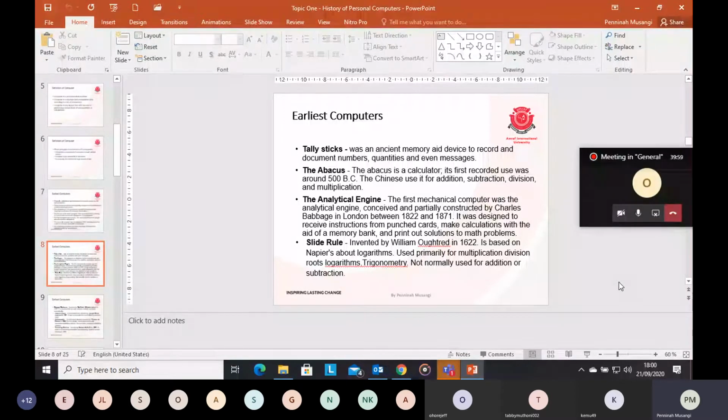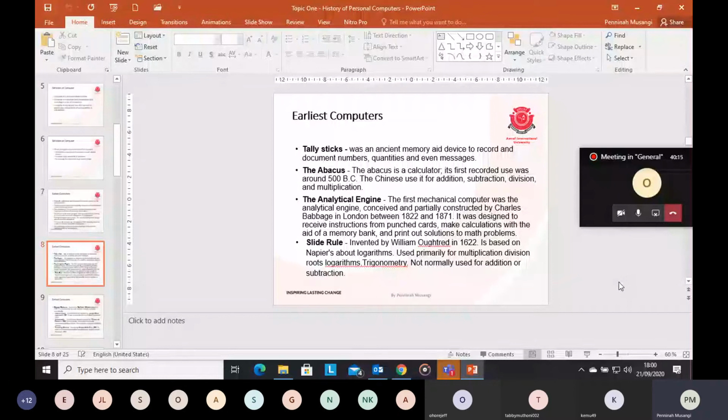So because it aided in calculations and in documenting numbers, that translates to help in computation, and therefore it can be termed to be a form of a computer.